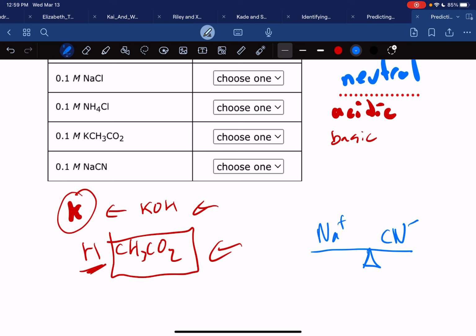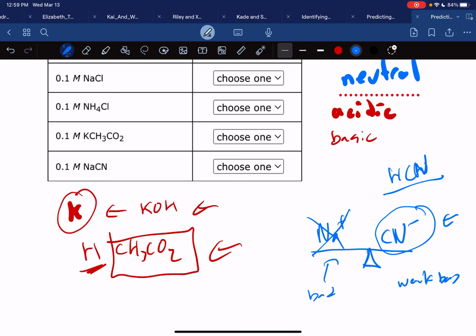And we want to know which one of these is going to be better at its job. Na is a pathetic excuse for an acid. It's terrible at its job. CN minus is the conjugate of HCN, and HCN is a weak acid. Therefore, this is going to be a weak base. So what do we have here? We have a bad acid, and we have a weak base. So what is this bottom one here going to be? It's going to be basic.